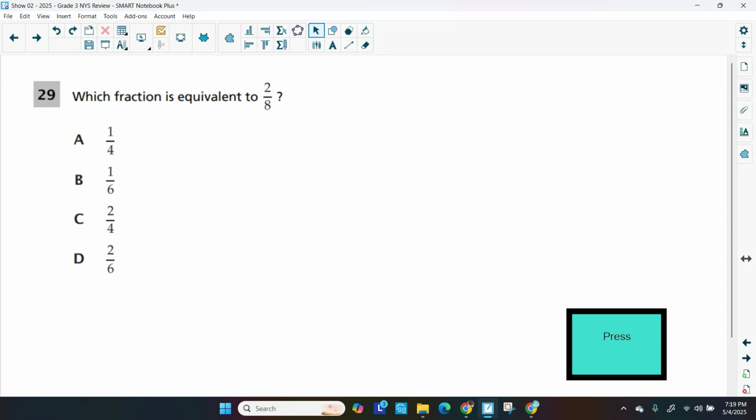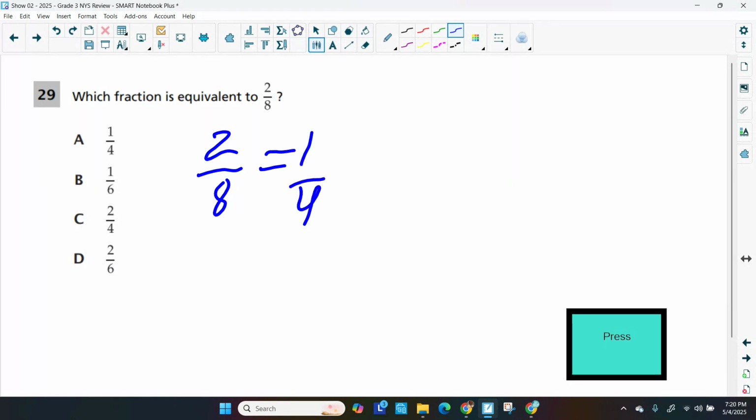What fraction is equivalent to 2/8? So, let's see. Let's start with A. 2/8 equals 1/4. So we're going to cross multiply again to see if they equal. Choose another color though, Holly. Okay. Let's do red.